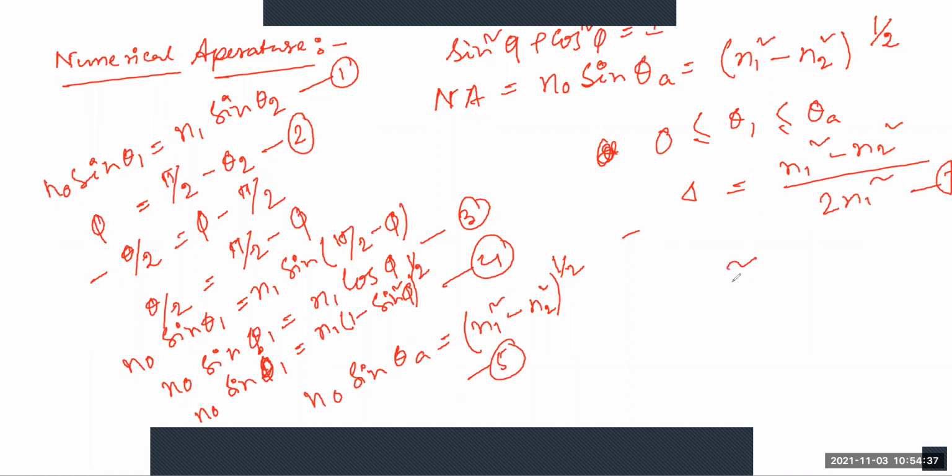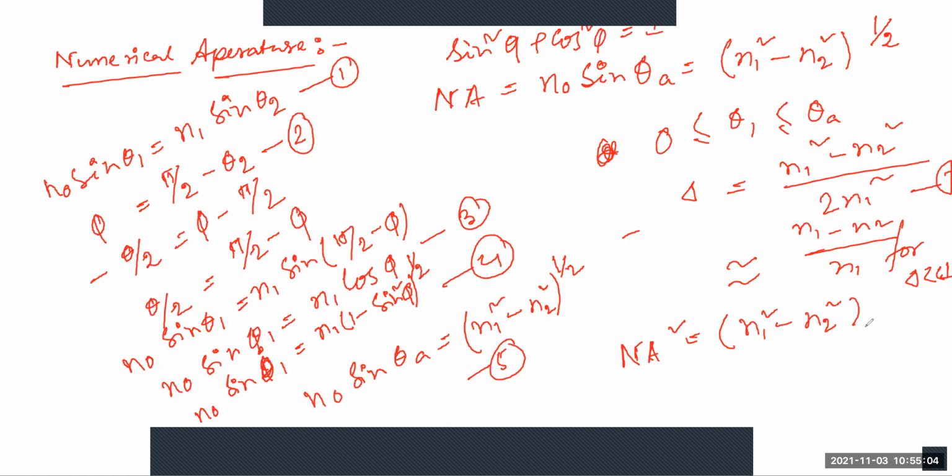So here from this, n1 minus n2 by n1 for del less than 1. If we square both sides, in that case, N square equals n1 square minus n2 square.